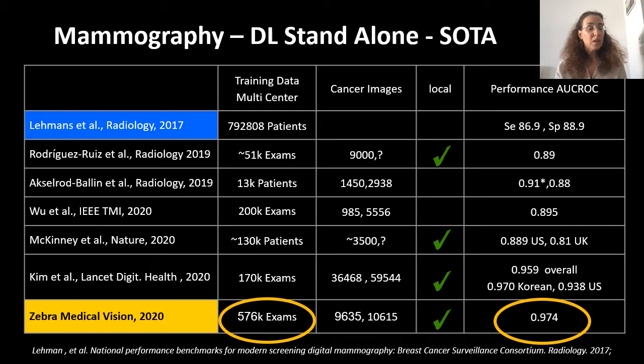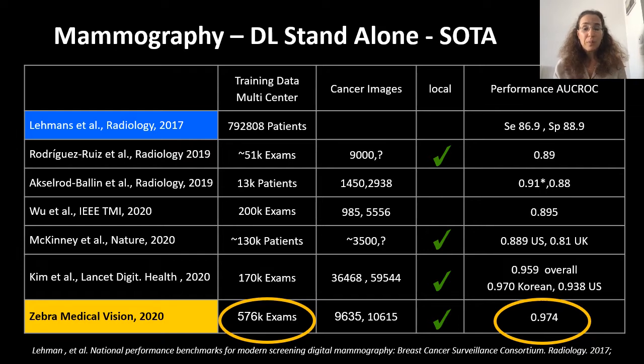And you can see here that in the first column, I stated the size of the training data set that was mentioned. And these data sets range from 30K patients in a multi-center data set to 576K exams, which we included in the Zebra Medical Vision approach for the submission to the FDA.